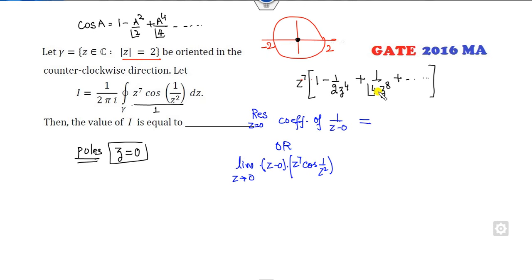You can see here it is 1 over 4 factorial. So what is the right answer of this? 2 pi iota times 1 over 2 pi iota times the residue of this function, which is 1 over 4 factorial. So what is the right answer of this? 1 over 24 is the correct answer of this problem. You can write it in decimal places if needed.